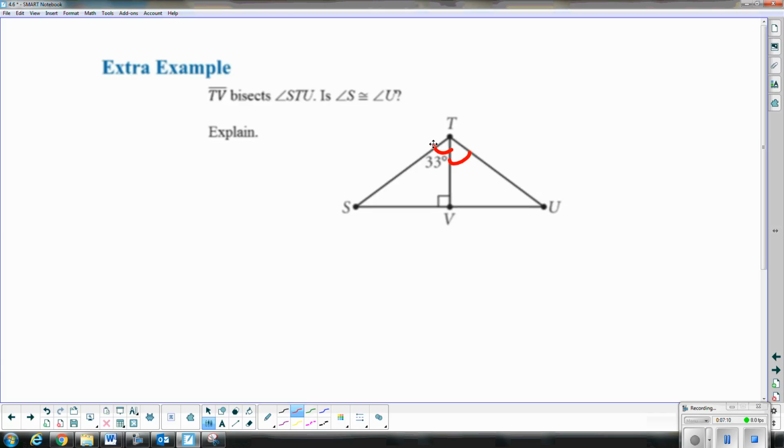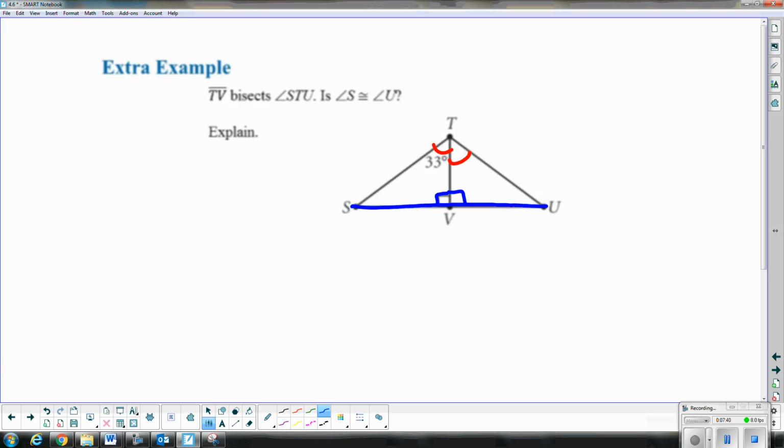Our second step is if you look at this marking right there, that means perpendicular, and this is a line. So if you have a segment that's perpendicular to the line, then those two angles are going to be congruent because they're a linear pair, so they have to add up to 180. And if one is 90, the other one has to be 90. Okay, so now we have angle SVT is congruent to UVT.